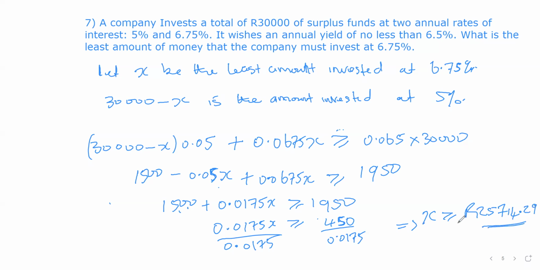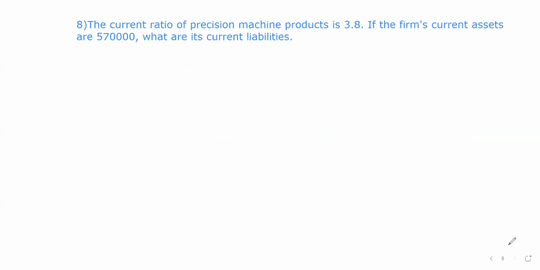So the least amount is 25,714.29. That's the least amount that should be invested at the rate of 6.75%, in order for us to realize a 6.5% profit.